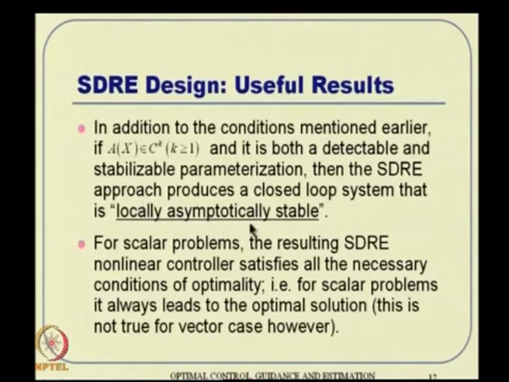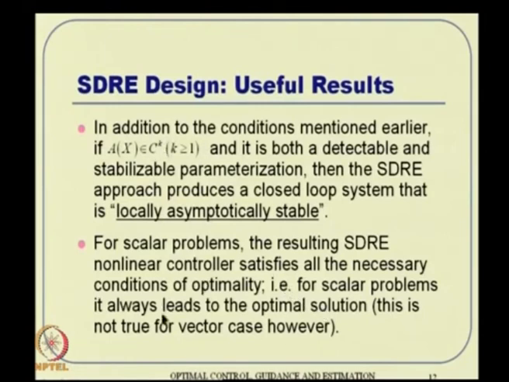That enhances the confidence that things will not go bad, no matter which A of x I select. I just have to verify that A of x is detectable and stabilizable, as well as having smoothness properties.